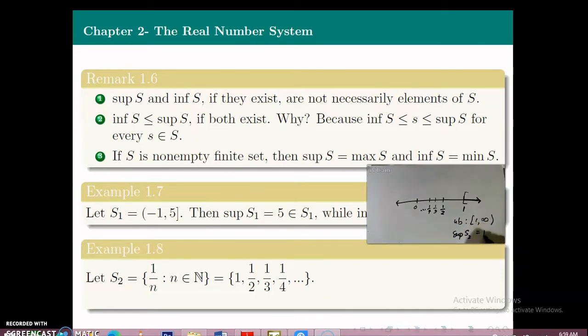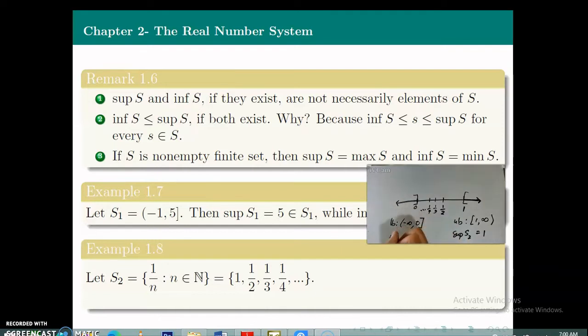which is 1. Then for the lower bounds, of course, these are values less than any element of S sub 2. So the lower bounds are negative infinity to 0, and 0 is included.